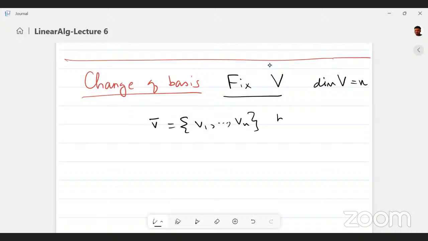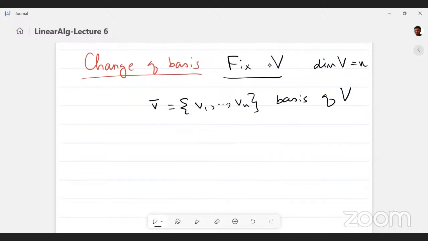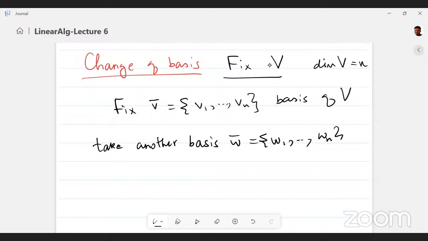So this is a basis of V. Now I want to take another basis; there are all possible bases that I can produce for V. Let's take another basis and study how it is related to the one basis that we fixed. Call it w bar, which is w1, etc., wn of V.